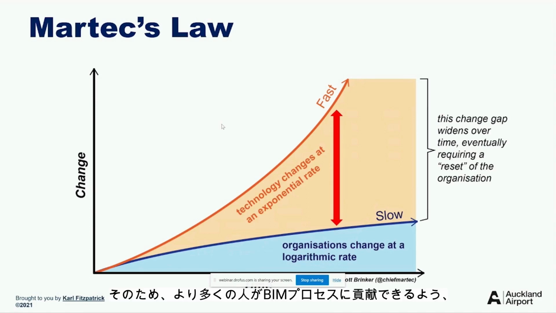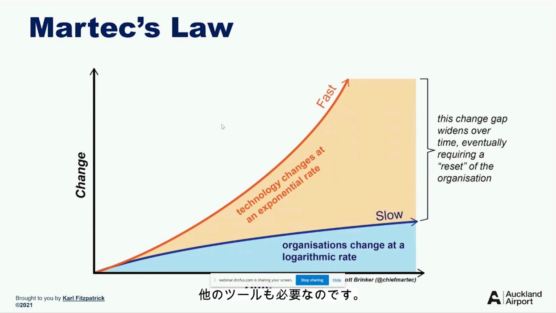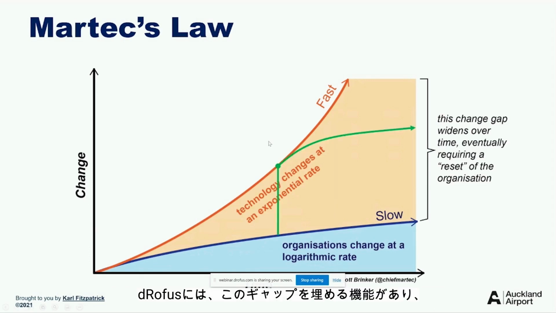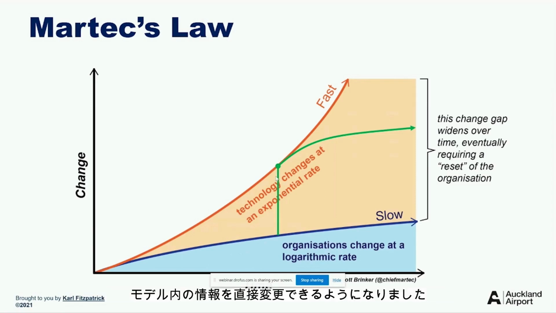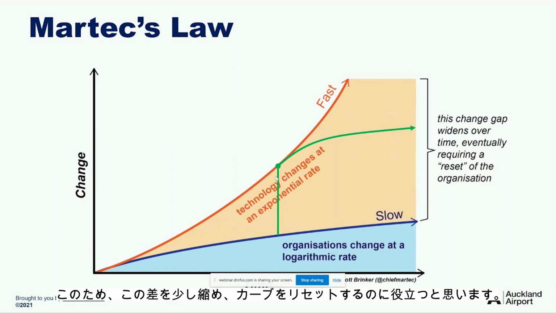So we need other tools to get more people within the business to contribute to that BIM process. I see dRofus as the ability to plug that gap. As I'll show shortly, people can directly change a piece of information in the model without needing to be in the BIM model themselves. So this will help close that gap and reset the curve.